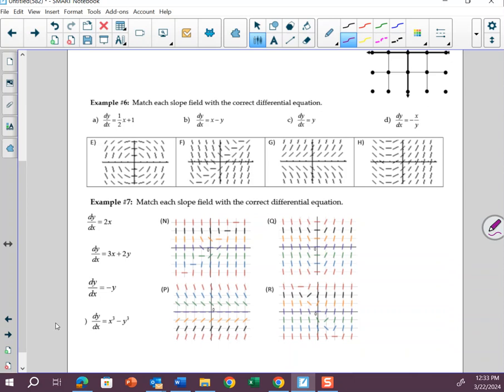So, in multiple choice, one option might be, here's the differential equation for slope field choices, which slope field matches the equation? Or vice versa. One slope field, 4 equations, which equation matches the slope field?